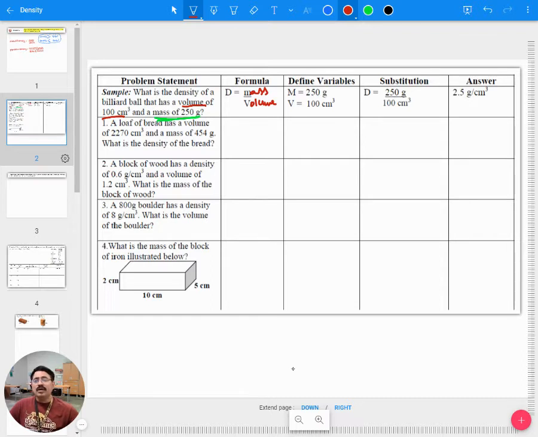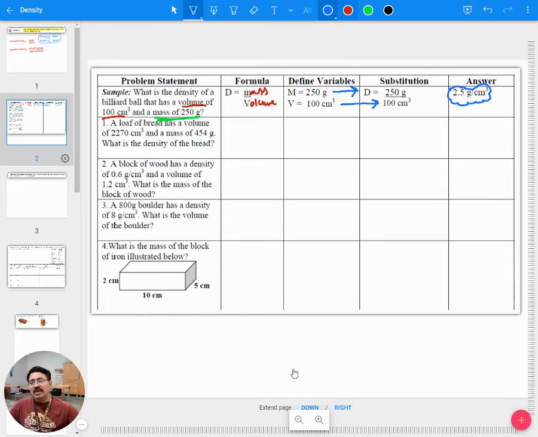So the information given is copied here: mass is 250 grams and volume is 100 cubic centimeters. Now, those values are plugged into the formula. You can see that the numerator is 250 and the denominator is 100. Make use of a calculator and it is 2.5 grams per cubic centimeter.